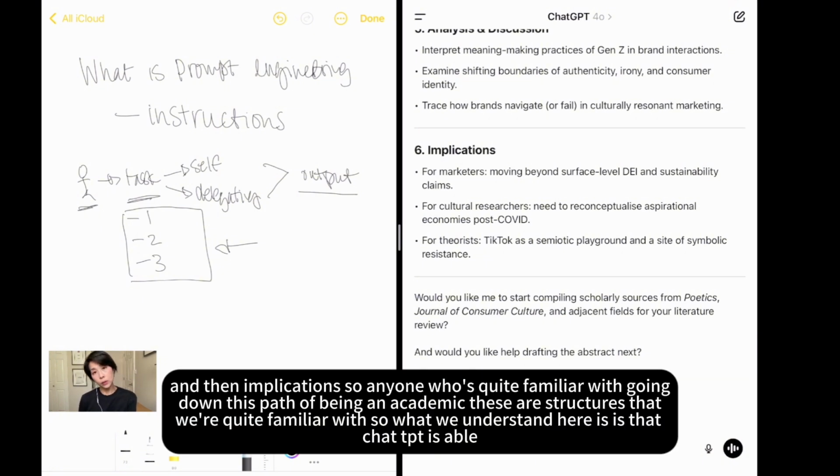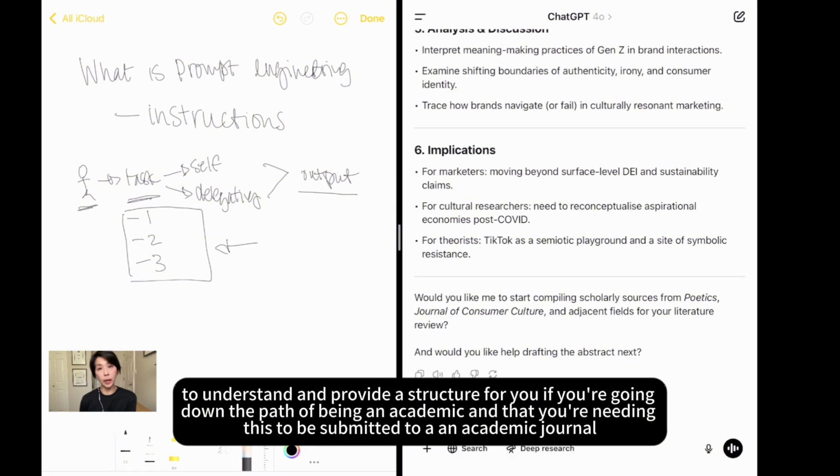Anyone who's quite familiar with going down this path of being an academic knows these are structures that we're quite familiar with. So what we understand here is that ChatGPT is able to understand and provide a structure for you if you're going down the path of being an academic and you need this to be submitted to an academic journal.